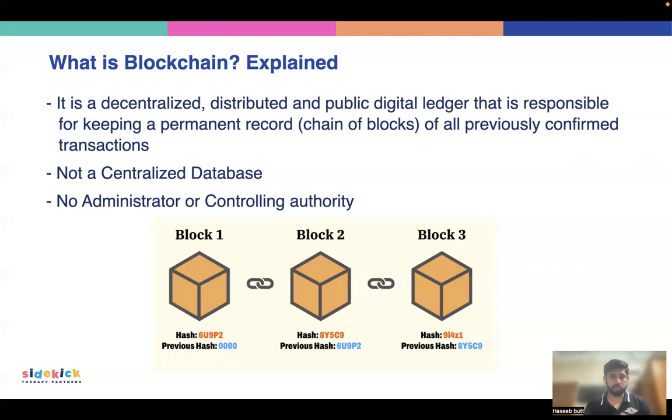How does the data in a block look in the blockchain? It is kind of a linked list. You might have heard of the data structure linked list. In a linked list, the previous hash is available, like the previous address of the block. And in this blockchain, the data is also available in every block. Every block keeps a copy of its previous data records.